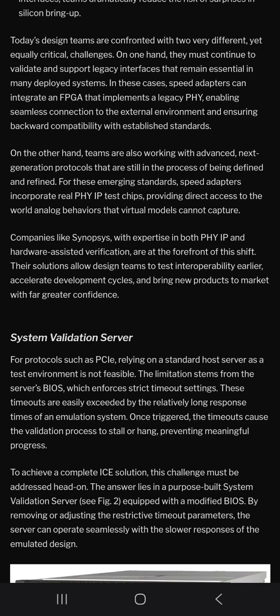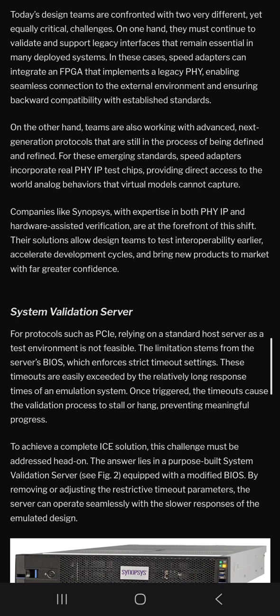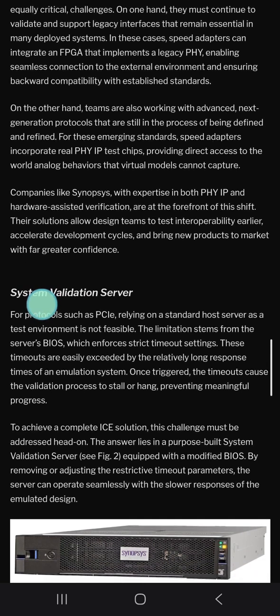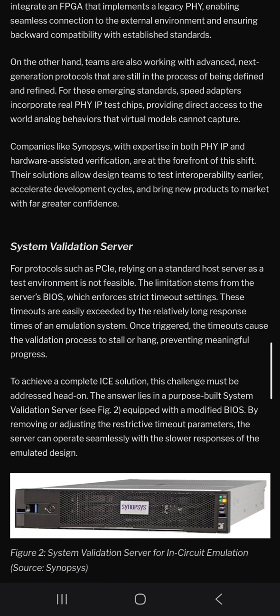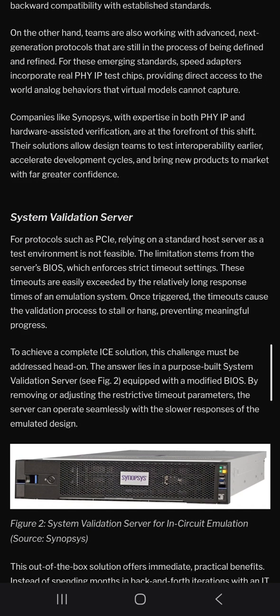These timeouts are easily exceeded by the relatively long response times of an emulation system. Once triggered, a timeout causes the validation process to stall or hang, preventing meaningful progress. To achieve a complete ISA, this challenge must be addressed head-on.